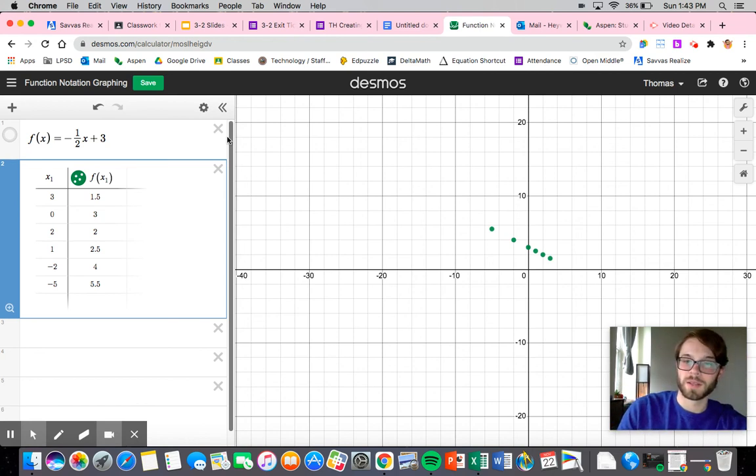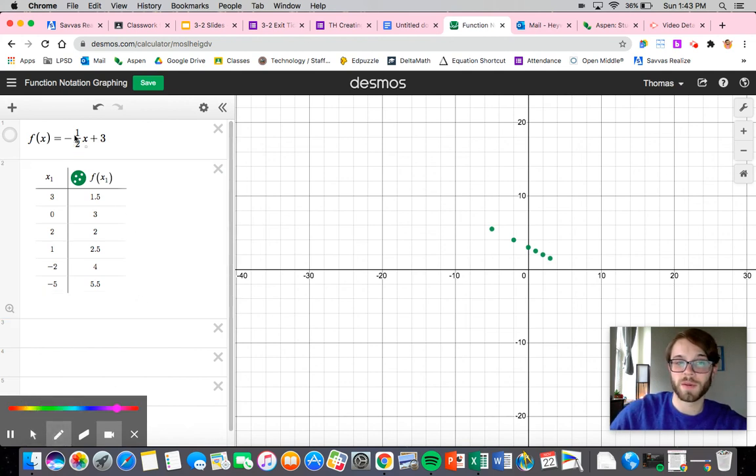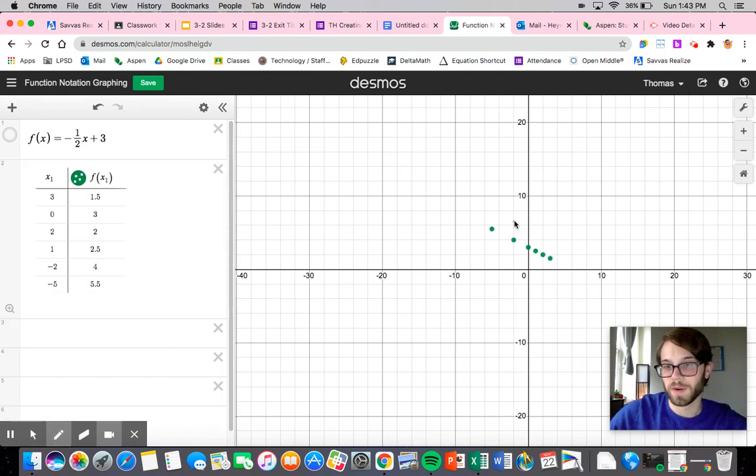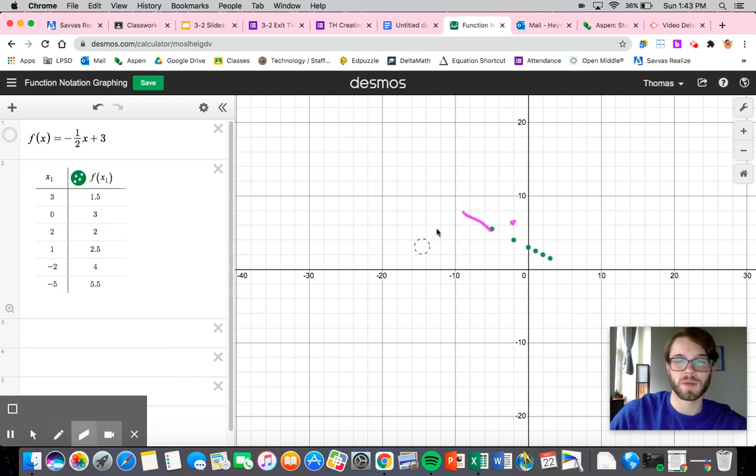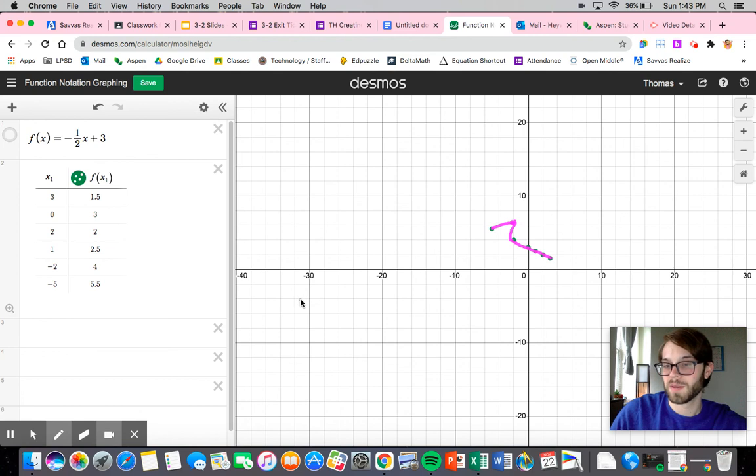If I had something in my table that wasn't related, a value over here while the rest were in a line, Desmos is not going to graph it as a total line, it's just going to do something like this. It's only connecting them and going on forever because it is a linear function.